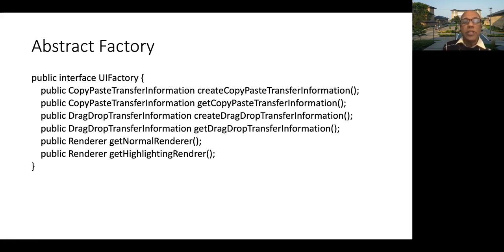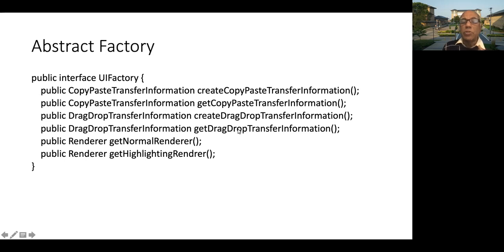When we are doing drag drop, when we begin dragging, we call create drag drop transfer information. If it is a Java FX object, it will create the necessary objects for doing drag drop under FX. Likewise for Swing.